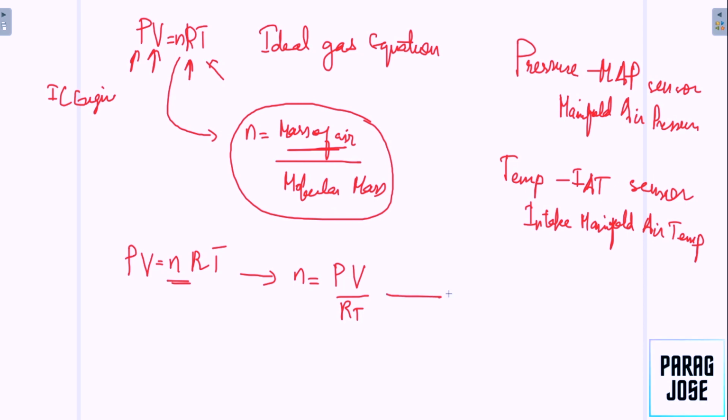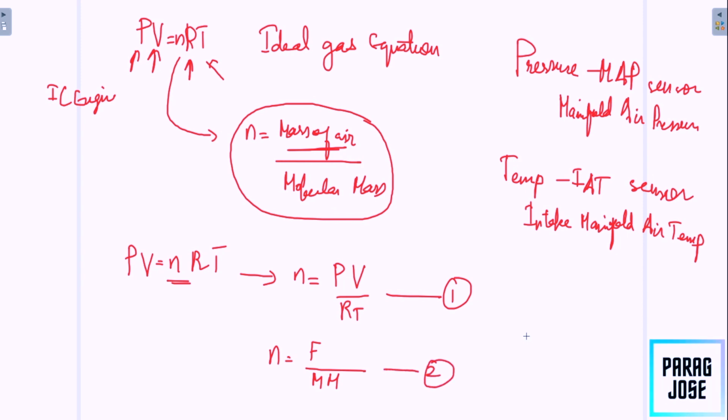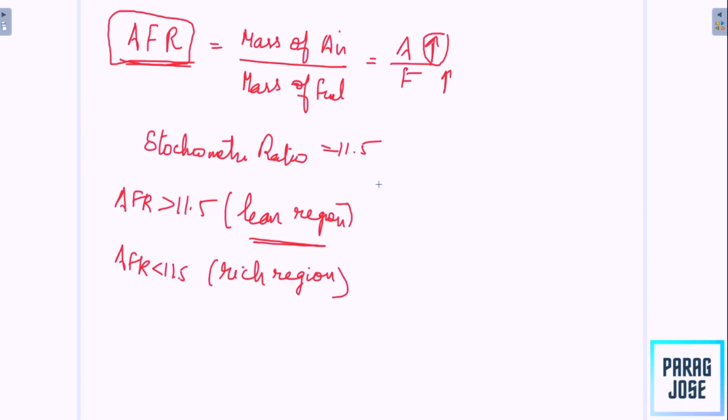Once this n value is obtained, we can use it to find out the mass of the air which is coming in, because we know the molecular mass as well. So from equation 2 we can find out the mass is equal to n multiplied by MM. Now this value is very critical, and we already know the stoichiometric value of AFR to be around 11.5.